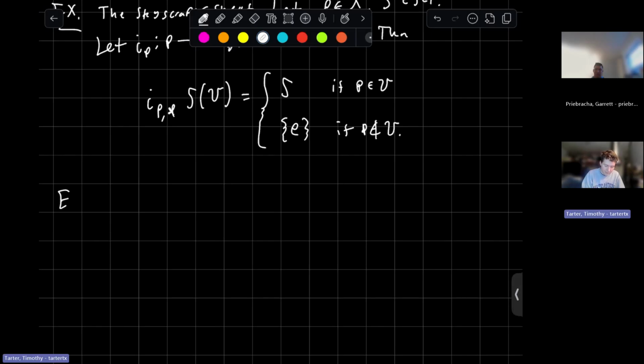Okay, an exercise that we might decide to glaze over.